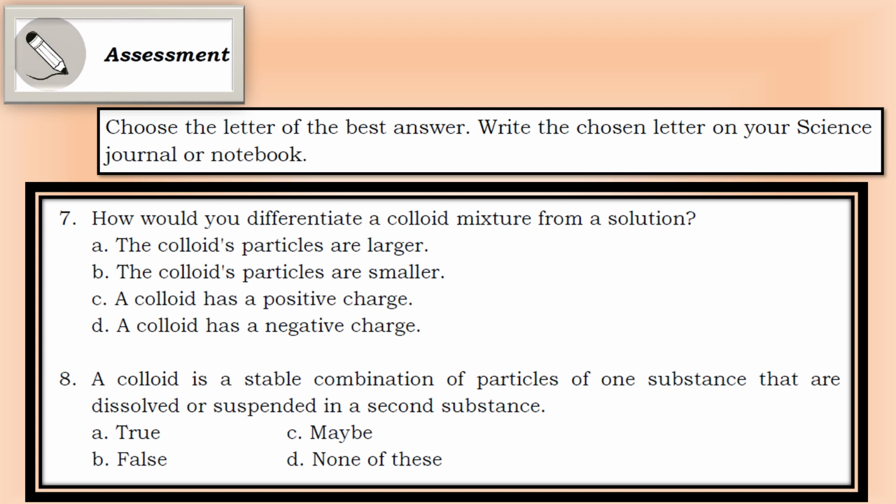B. The colloid's particles are smaller. C. A colloid has a positive charge. D. A colloid has a negative charge. Number 8. A colloid is a stable combination of particles of one substance that are dissolved or suspended in a second substance. A. True. B. False. C. Maybe. D. None of this.